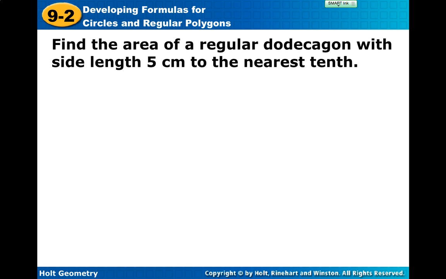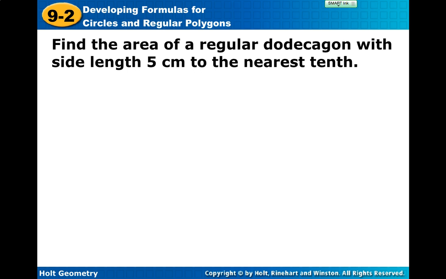What is the perimeter? 12 times 5, right? What's the apothem? I didn't tell you, did I?